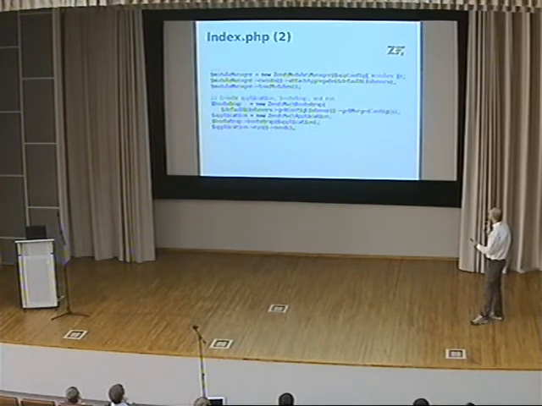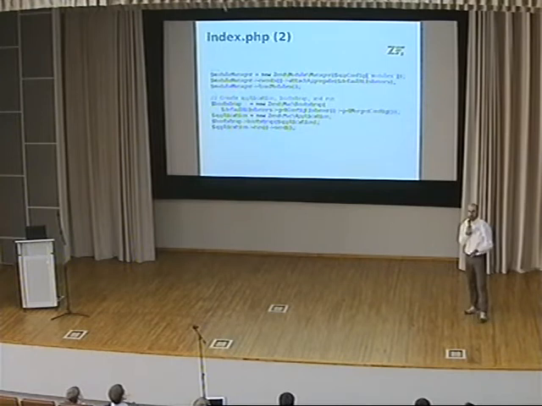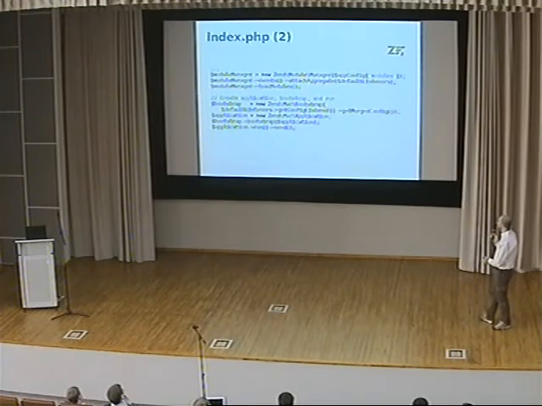So the index.php, this is the second page. Here we just aggregate all the modules together, and we are using the Zend MVC, which is the new class for the application. So we have a bootstrap phase and the application phase.